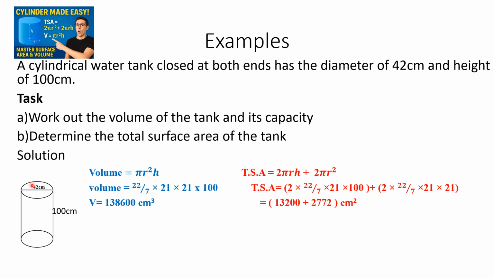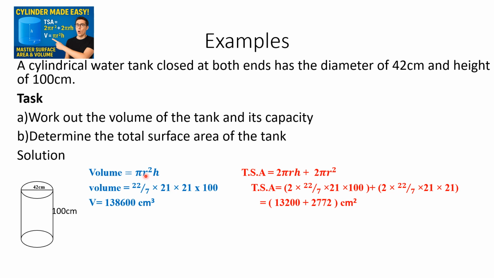And now that the diameter is 42, it means that the radius will be 21, because the diameter is twice the radius, and the radius is half the diameter. So half of 42 is 21. That's why here we have pi, 22 over 7, times radius 21, times 21, then times 100.